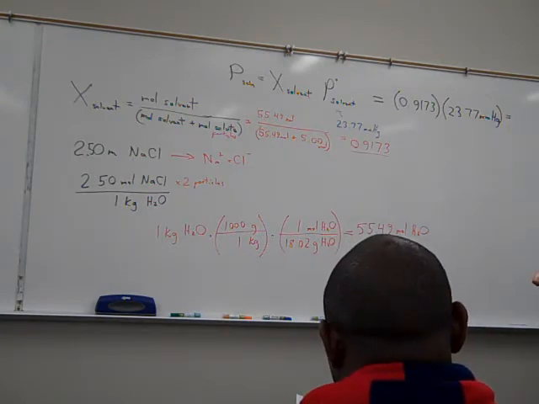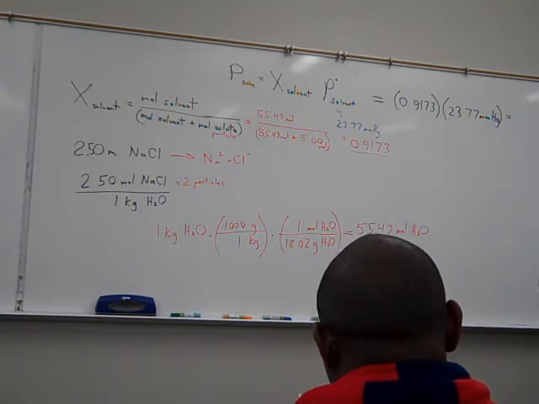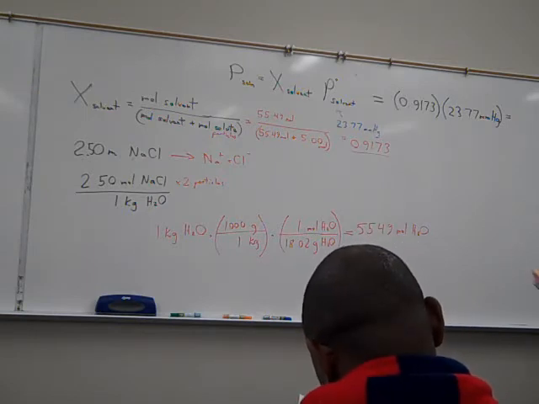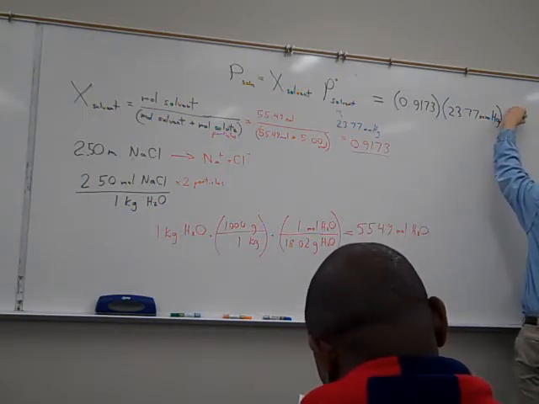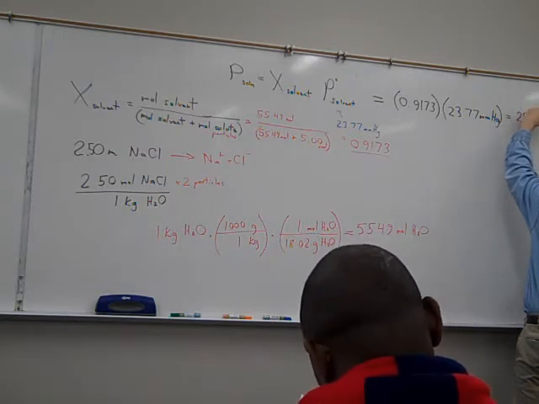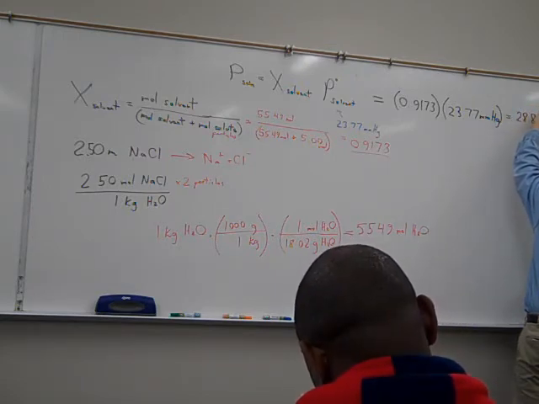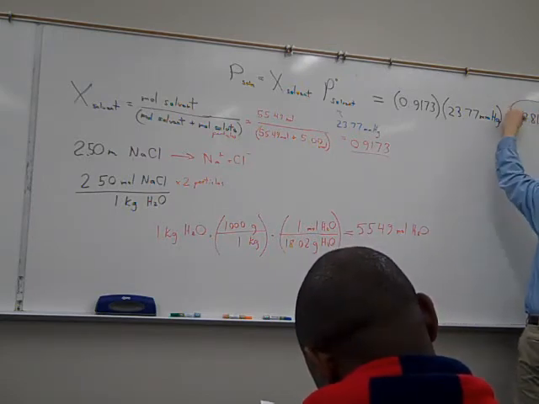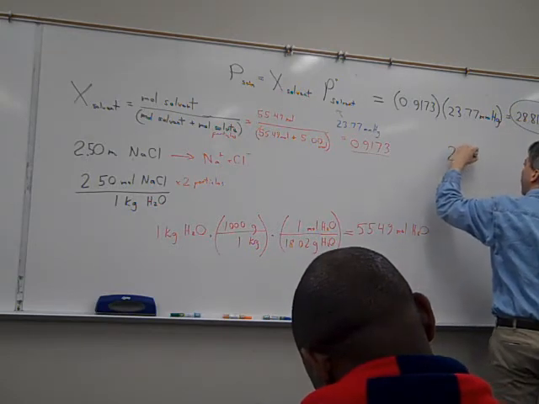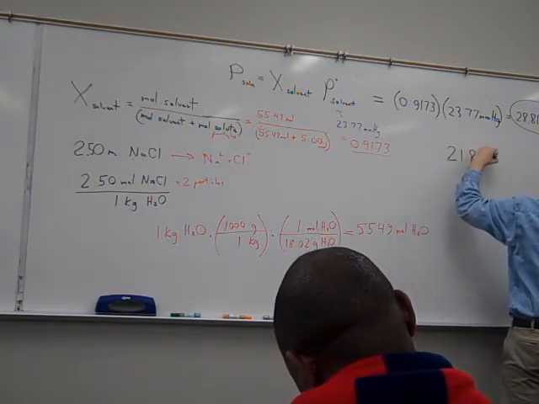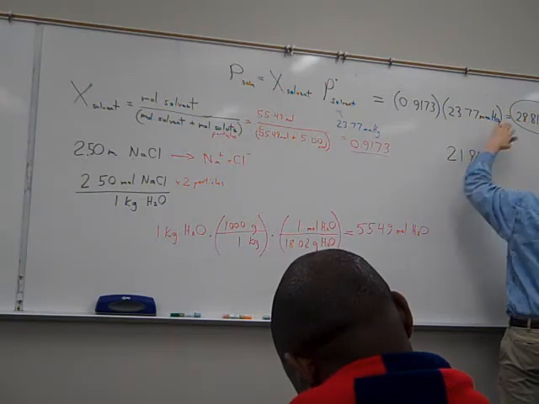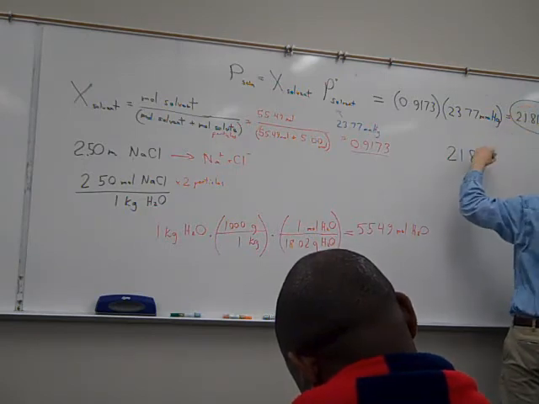And that gives us our answer, which is 21.805, 21.81 millimeters of mercury. Oh, that's 21, sorry. Whoops.